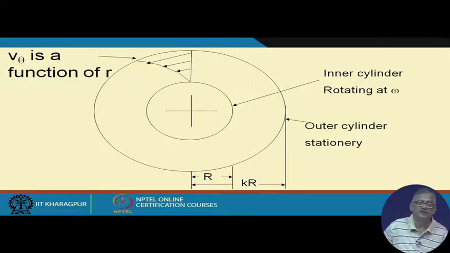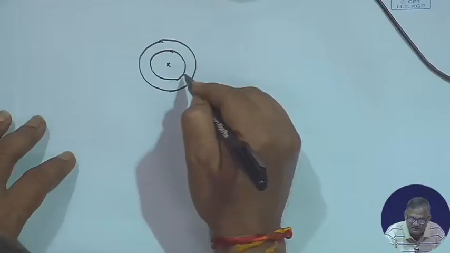If we keep them like that, then the problem can be defined like this. We have one inner cylinder, we have one outer cylinder, this is the center.